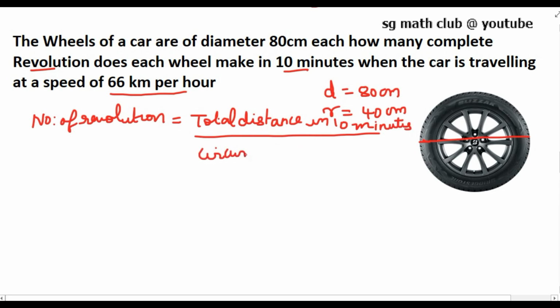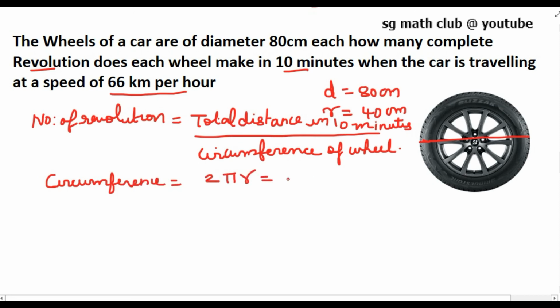Correct? Now the circumference of the wheel is nothing but the perimeter. So first we will find the circumference, which is equal to 2 pi r, that is equal to 2 into 22 by 7 into 40.